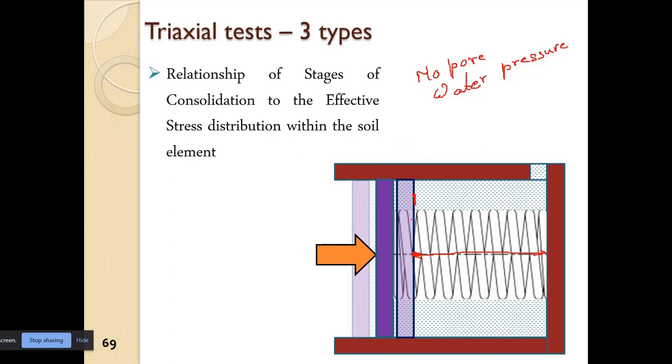In that case, we have sigma is equal to sigma dash, so the piston should have moved from this position up to this position. But we did not allow that.